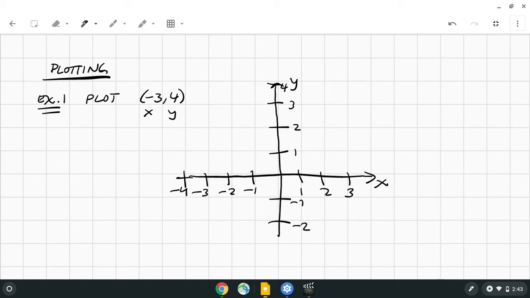So -3, 4. That means I have to go -3 on the x-axis, so that's down this way, and then 4 on the y, so that would be up there. So right here is where I would have the point -3, 4. So you do an x motion and then you do a y motion.